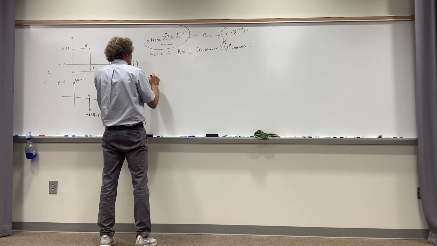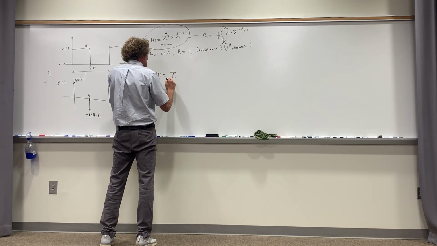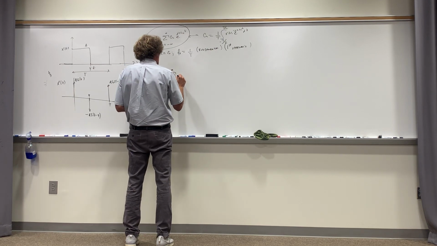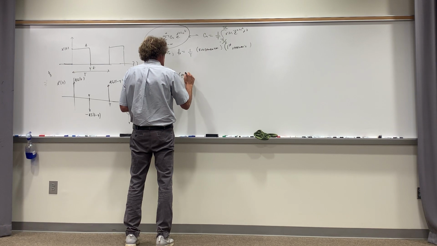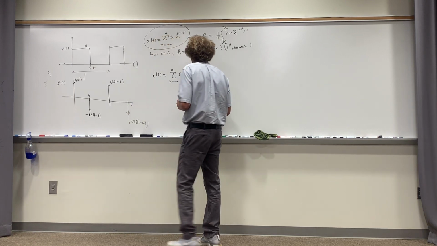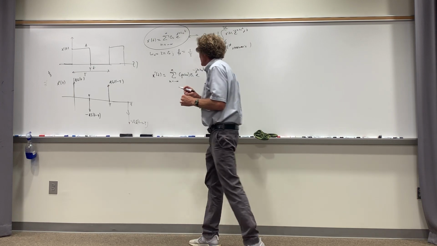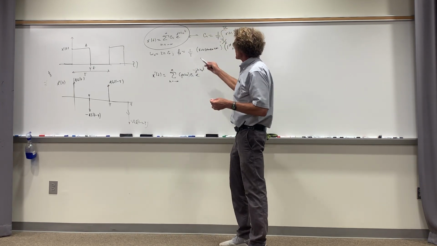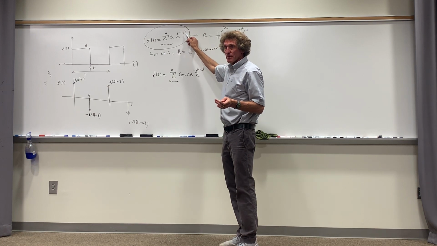You get x prime of t equal to still the summation n equals minus infinity to infinity, right? But now I get what? j n omega naught times c of n times e to the j n omega naught t, with a plus sign right there, my bad. Y'all agree with me? Because when you take a derivative of this with respect to t, you bring out the j n omega naught, okay?